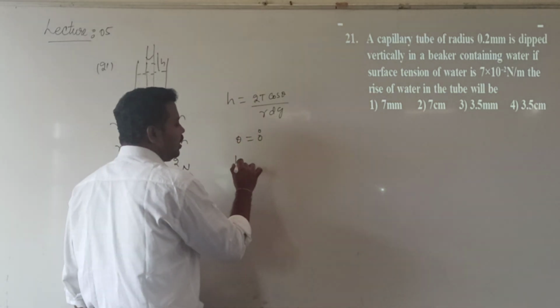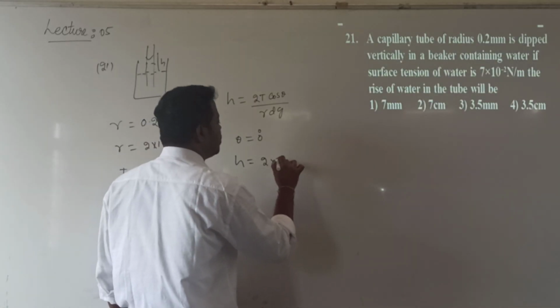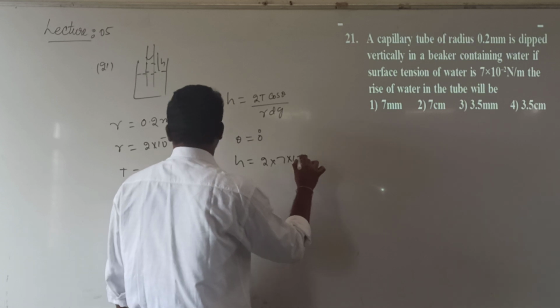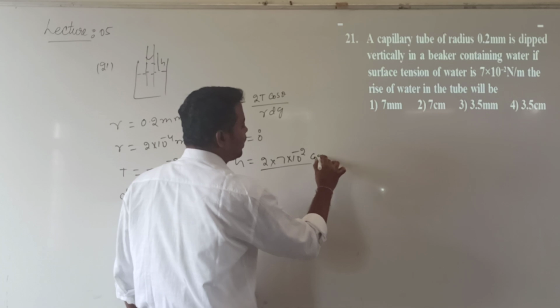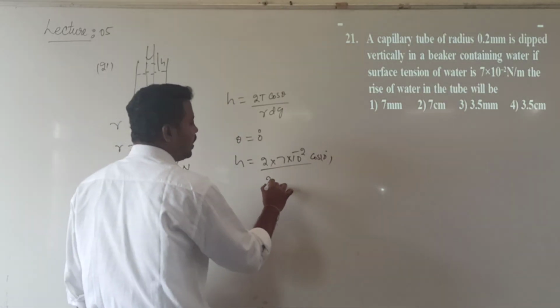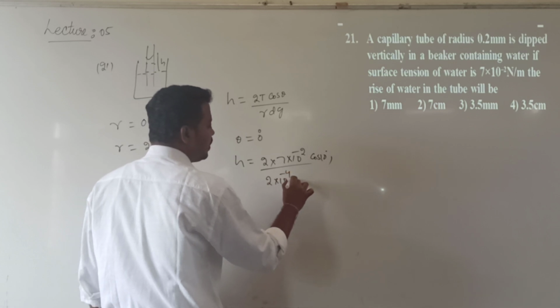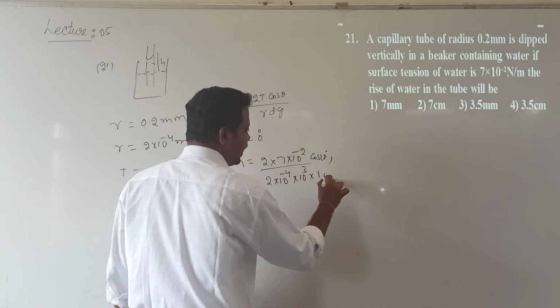Then H value is equal to 2 into T value, that is 7 into 10 to the power of minus 2, into cos 0 value, and I will take cos 0 value as 1, divided by R value 2 into 10 power minus 4, into D value 10 power 3, into G value 10.